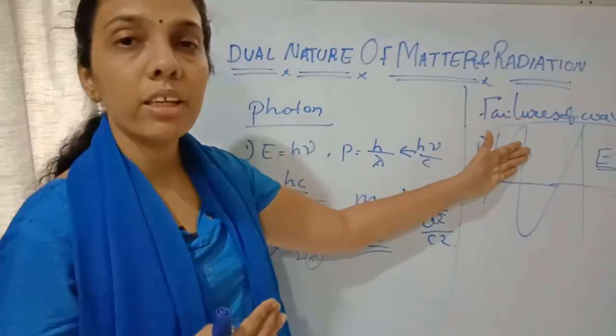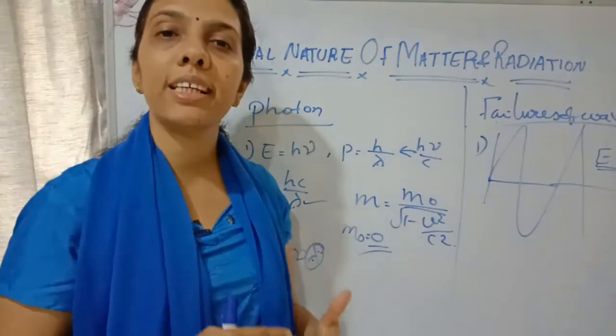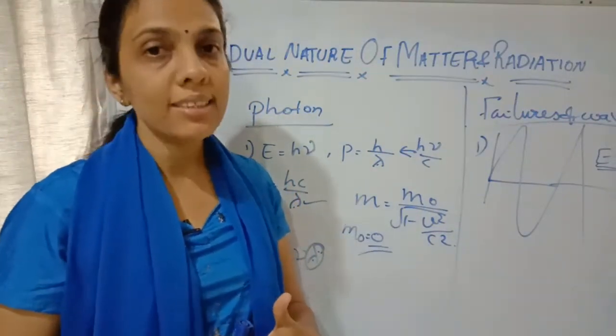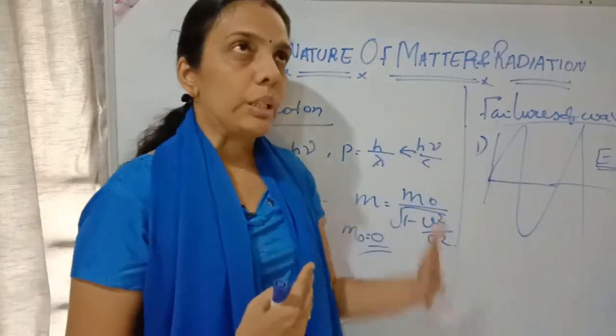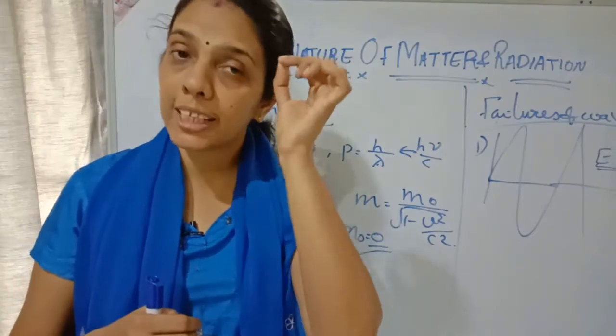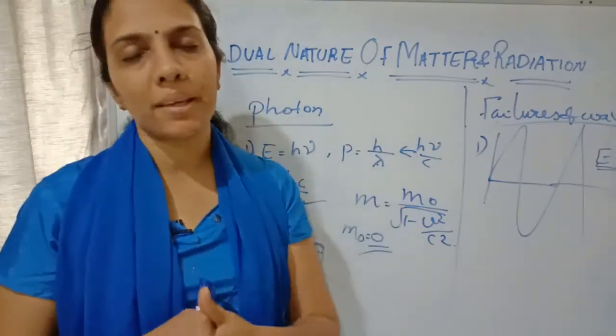As per wave theory, if we are looking into the photoelectric effect, as the intensity of light radiation increases, the number of photoelectrons emitted also will increase. Right? But as per experimental observation, a minimum frequency, that is the threshold frequency, is required for the electrons to come out from the metal surface.